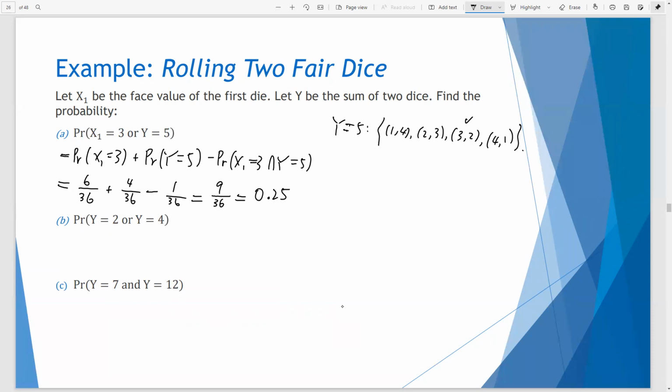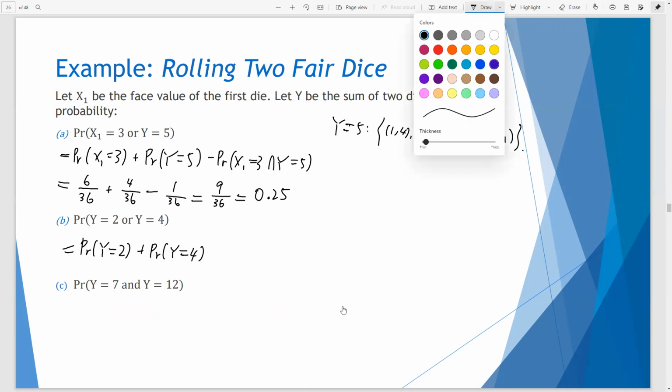Right, the second one: the probability Y equals 2 plus the probability of Y equals 4. Is that possible, right? No, it's not. Are they overlapping? Why would they be overlapping, the sum is 4 and the sum is 2?